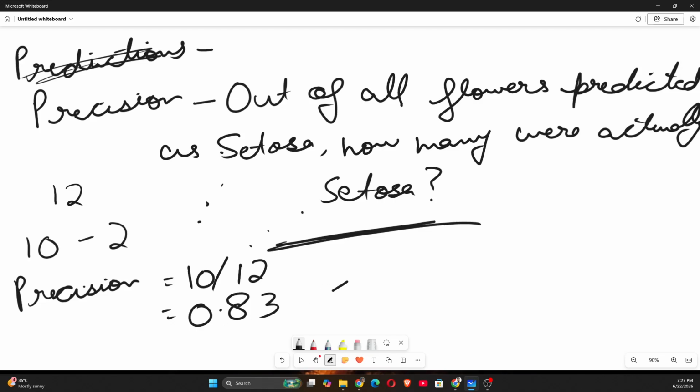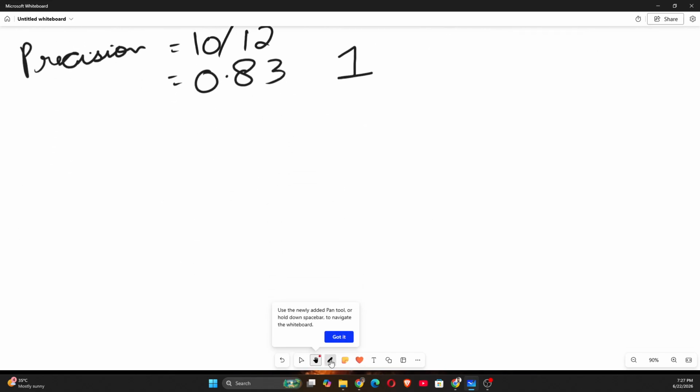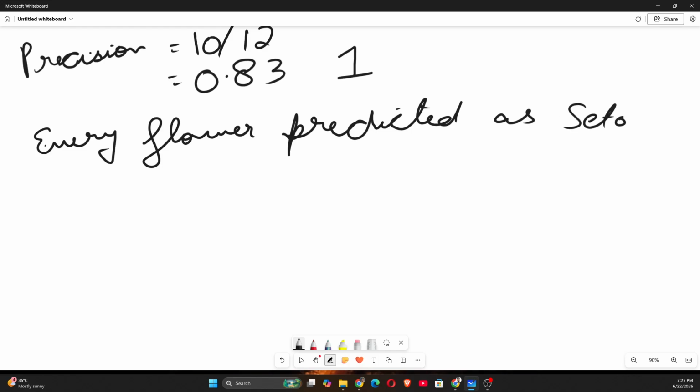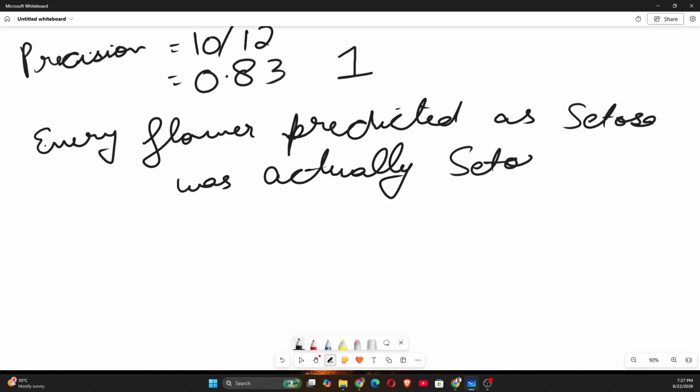But we are getting 1 as precision, meaning every flower predicted as Setosa was actually Setosa, which is a very good thing.